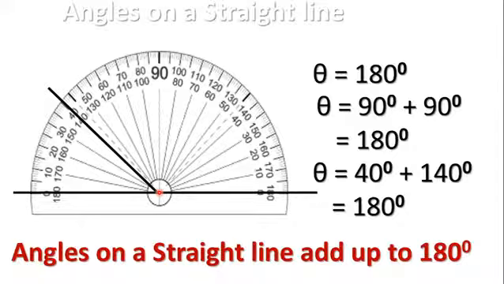Now let's look at an example or more. We have this line right here, or these lines right here, and we are to find the value of angle A. Now the straight line has been divided into two angles. You have A on one side and 50 degrees on the other side.